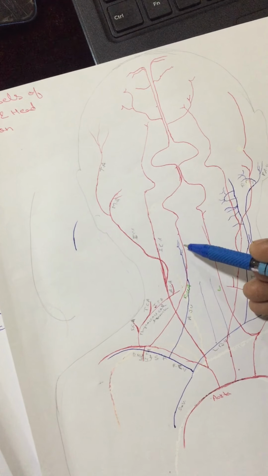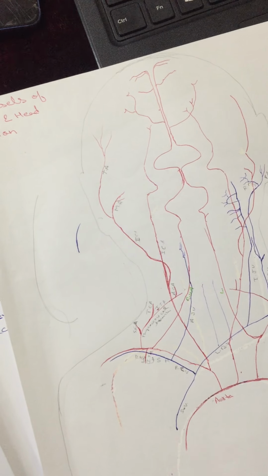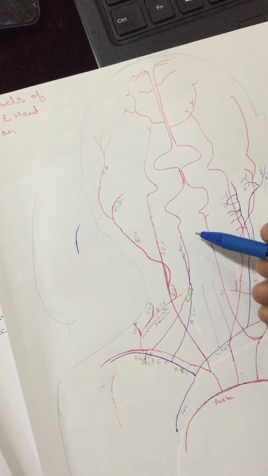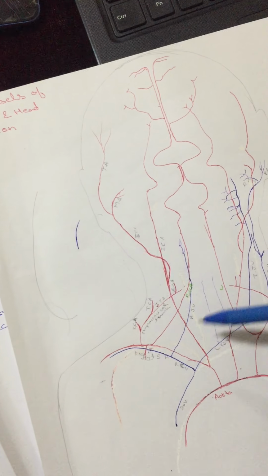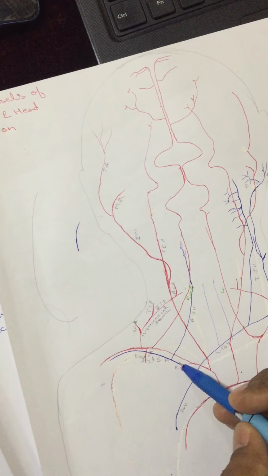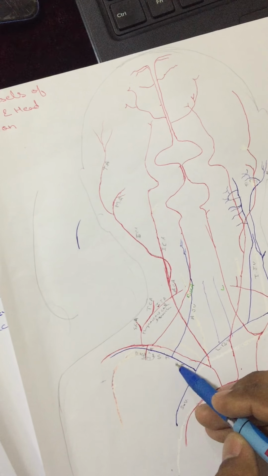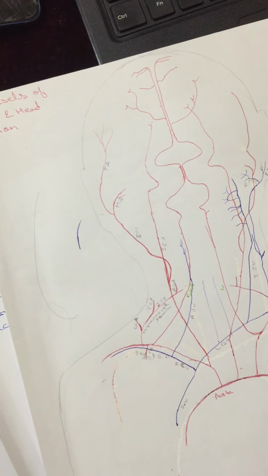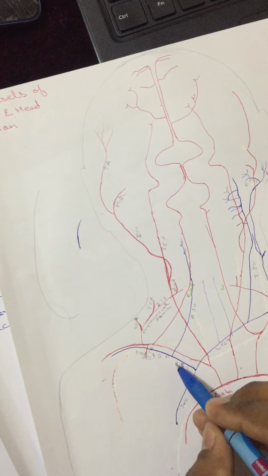And here one more vein is present, known as the anterior jugular vein. The anterior jugular vein drains the anterior part of the neck region, and it also drains into the right subclavian vein.